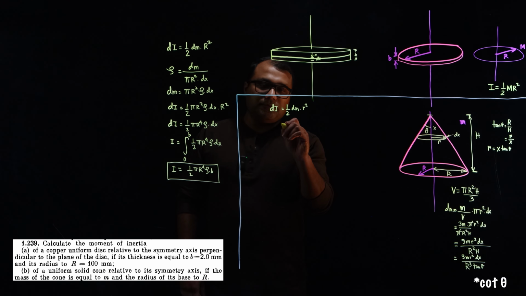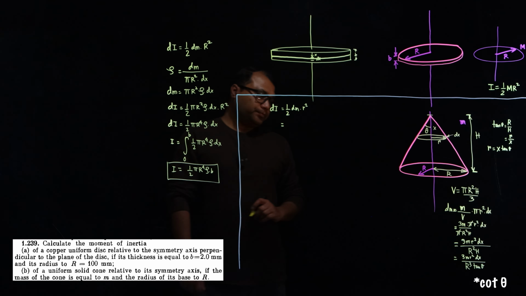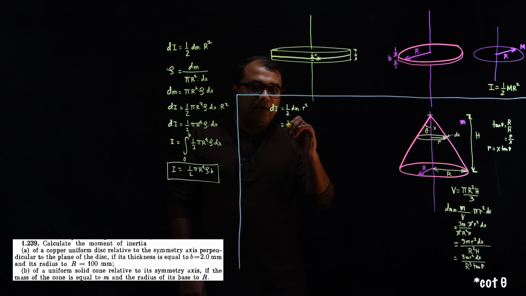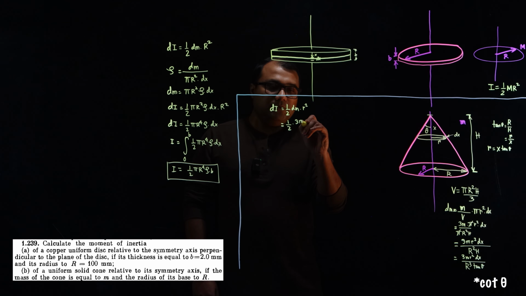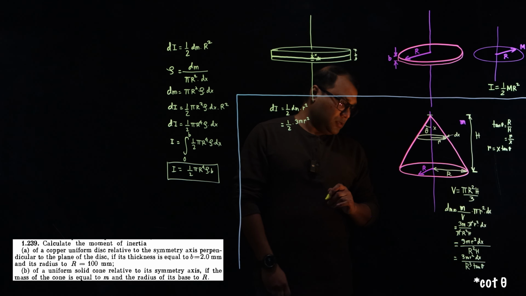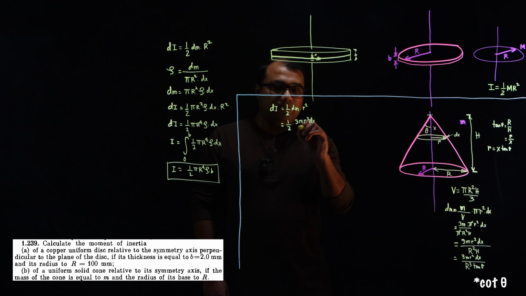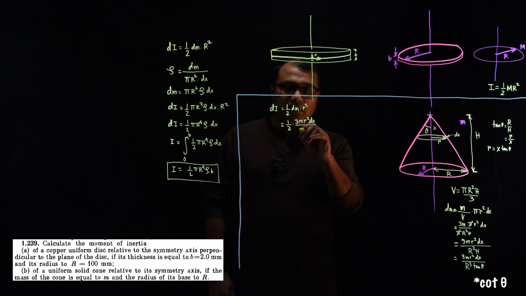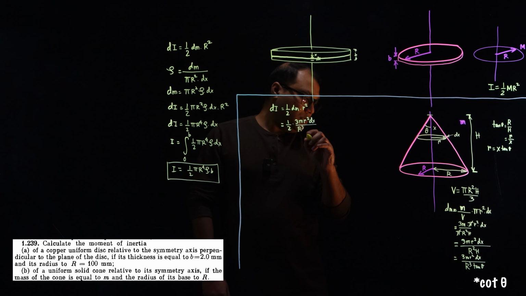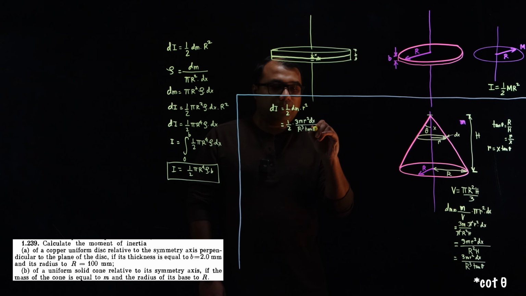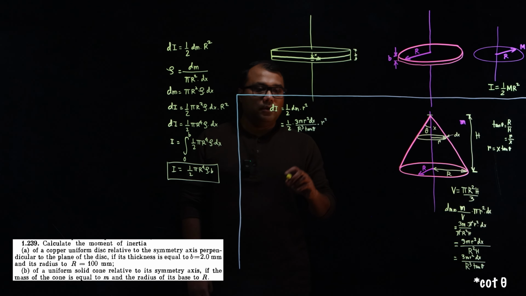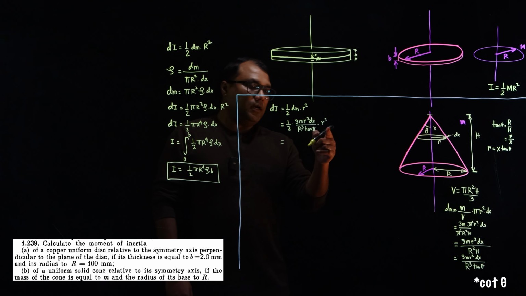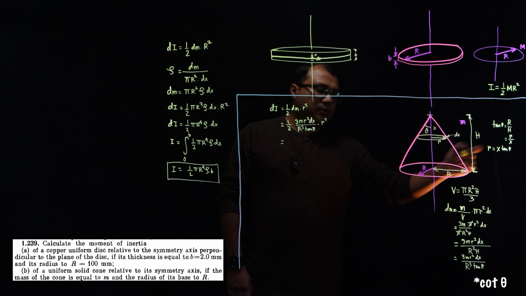So now let's substitute all the values. So half dm is 3m small r square dx divided by R cube tan theta, times r square. Now small r square is x square tan square theta.